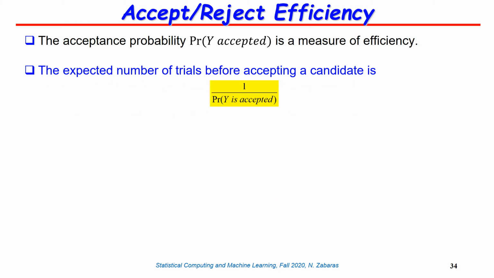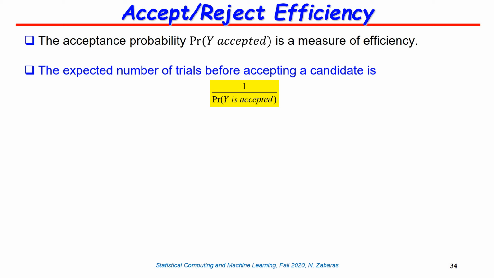All right, so we computed the probability of acceptance, and we showed that this is the ratio of the normalization factor of pi divided by m prime, divided by the normalization factor of q star.